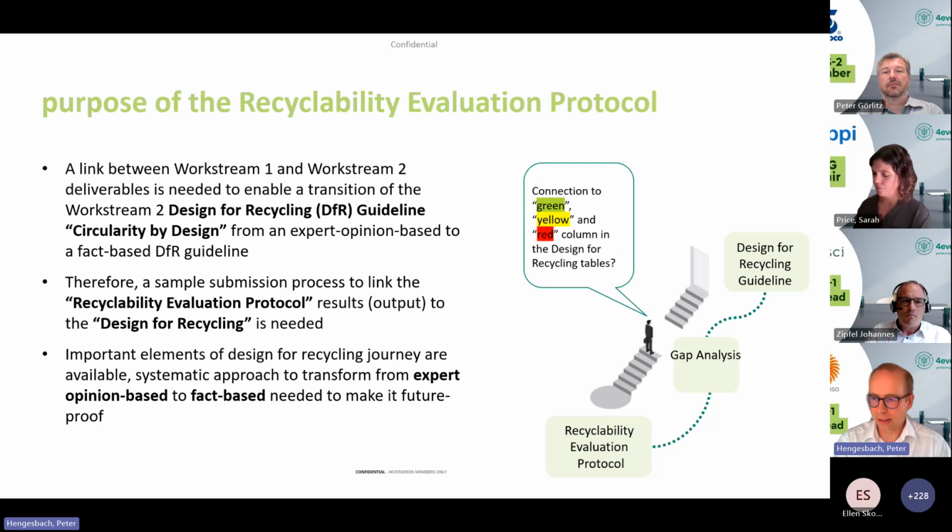So we have a clear target. The design for recycling guidelines and design tables are needed to fulfill those requirements. But now we need to figure out how to make the connection of the recyclability evaluation protocol output and translate it into the design tables.